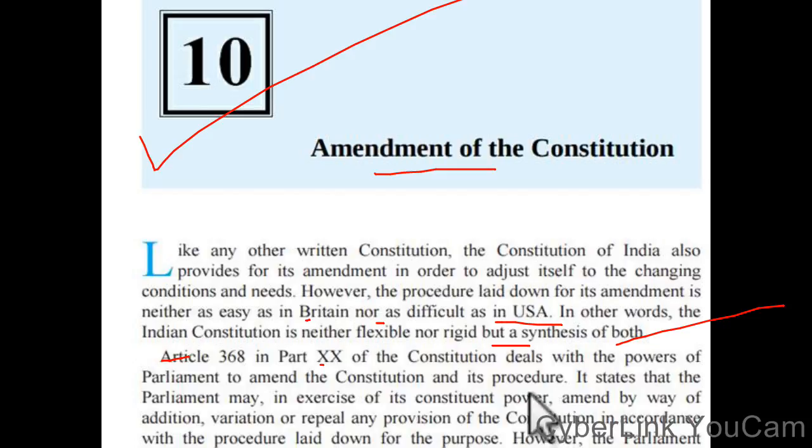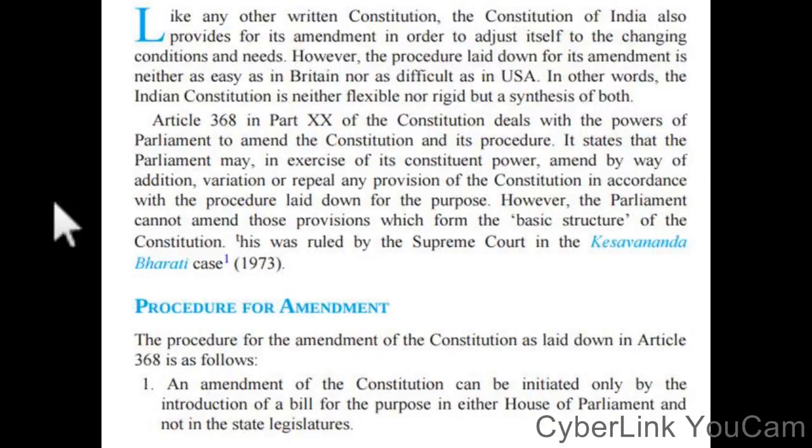It states that Parliament may, in exercise of its constituent power, amend by way of addition, variation or repeal any provision of the Constitution in accordance with the procedure laid down for the purpose.